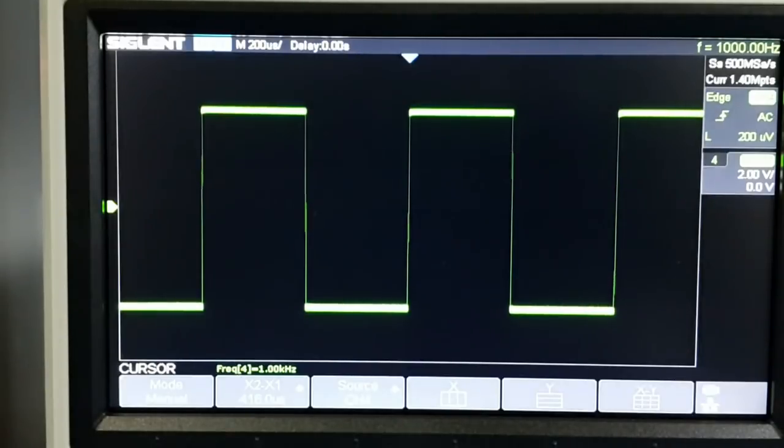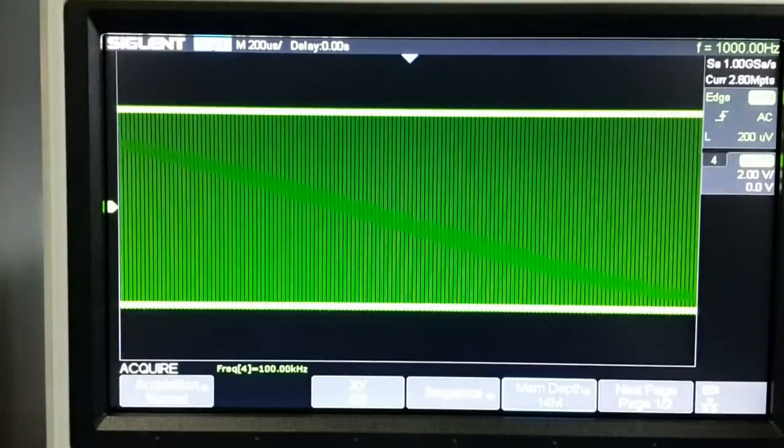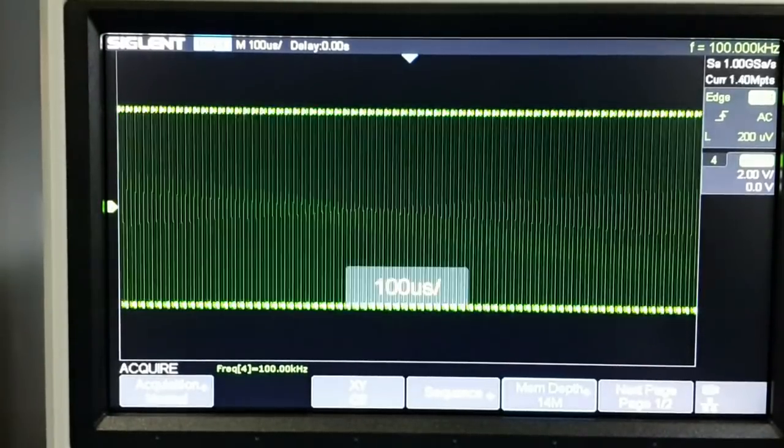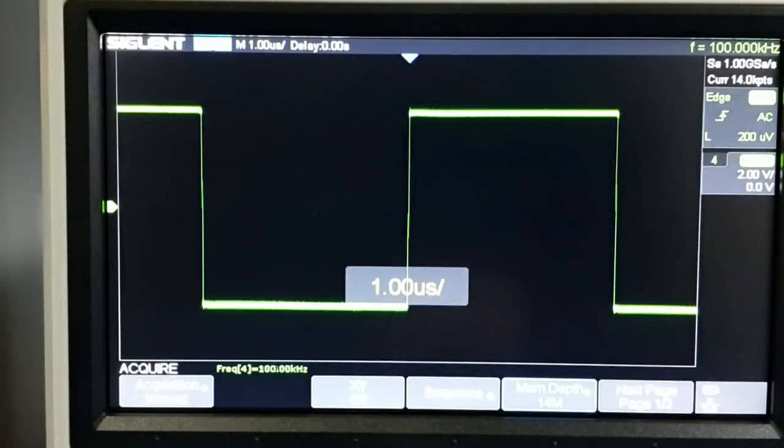But let's look for it. This is what 1 kilohertz looks like. And this is 100 kilohertz.